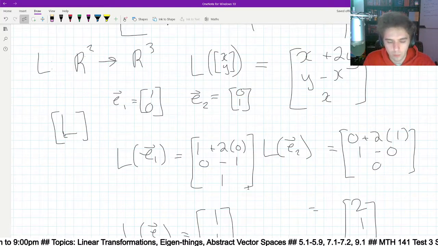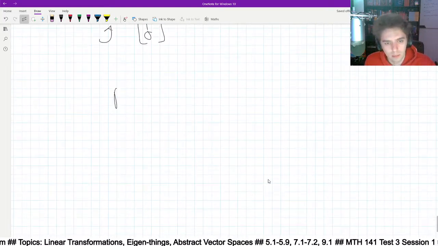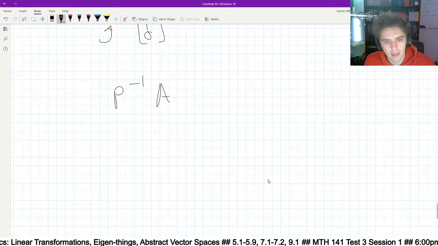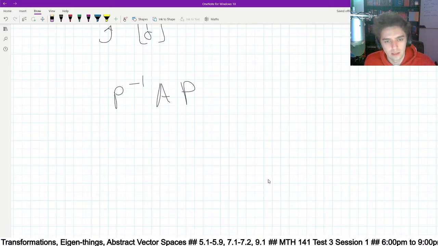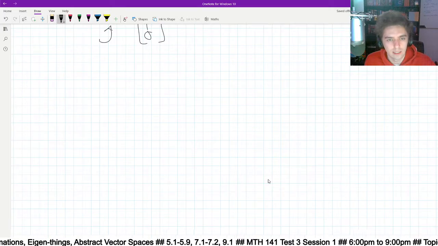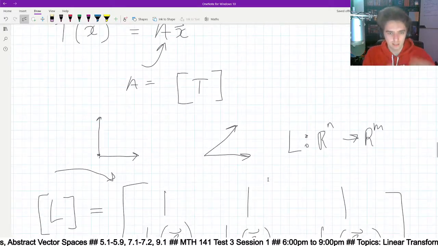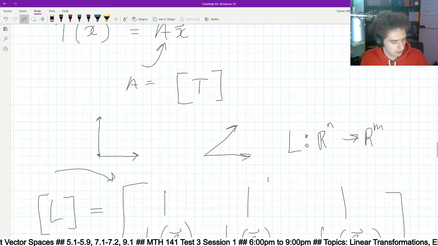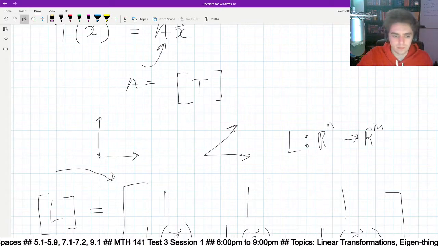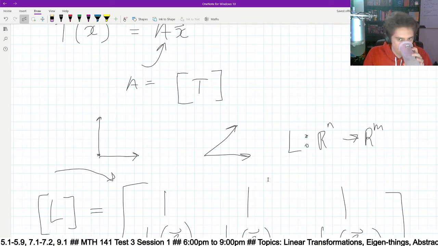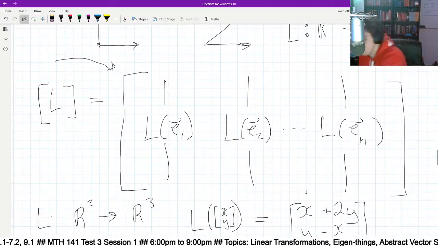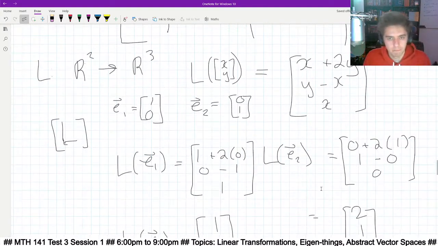But when we get into the whole P inverse AP thing, which is chapter 7, it's good to always try to think about the matrix as moving the standard basis vectors, and it kind of helps. The E's, for the standard basis, are basically each column of the identity matrix.